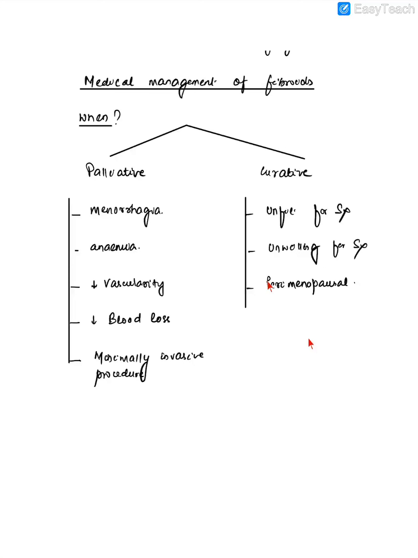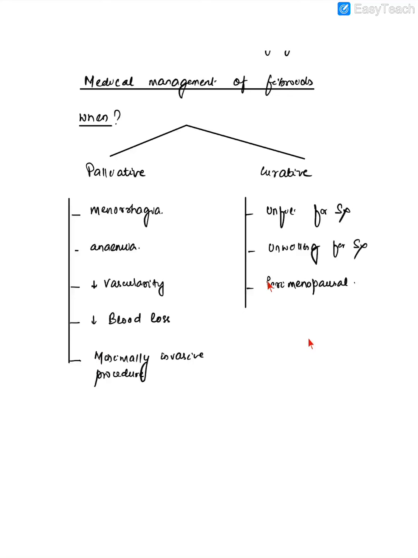Coming to the medical management of fibroids, when is medical management of fibroids done? When we want palliative treatment. Palliative treatment for fibroids is given to correct menorrhagia, correct anemia, decrease the vascularity of the tumor before going for surgery of removing the tumor, decrease the blood loss during the menstrual cycle while waiting for the surgery, and for preparing for minimally invasive procedures.